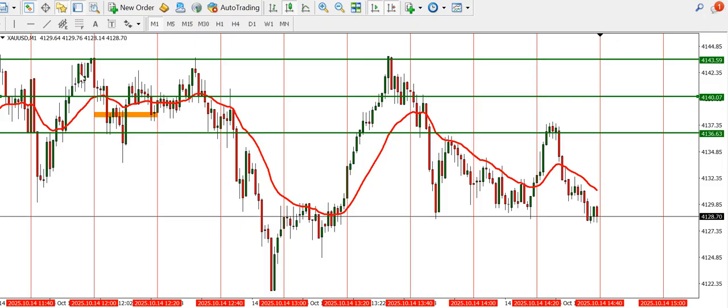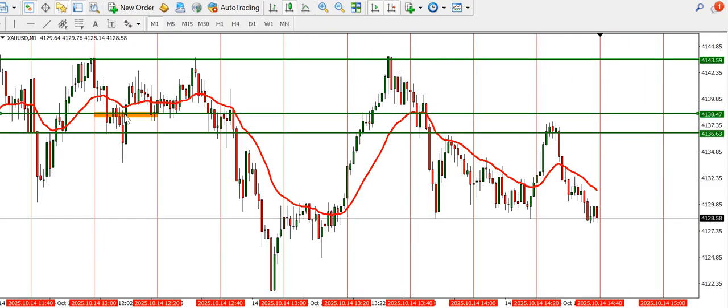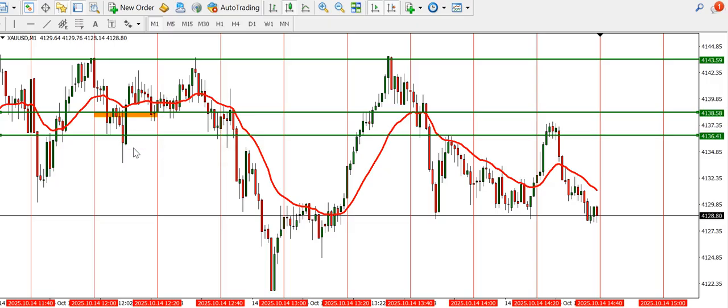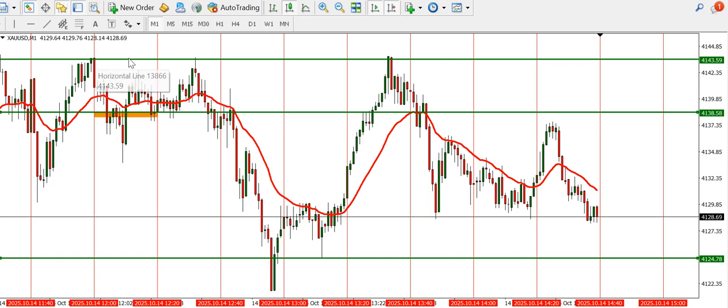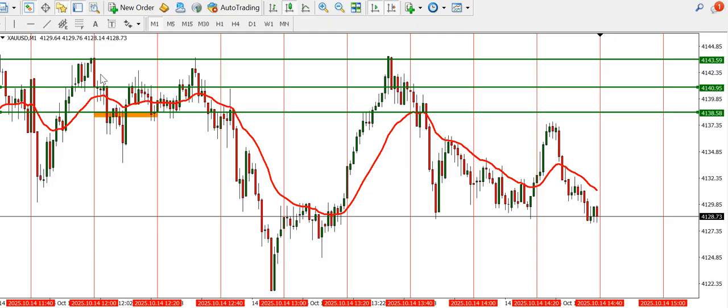All right, for the next section, this is where the price closed before this vertical line. I'm going to divide this rectangle into two. We have price dropping from the top to the bottom, so this is a drop.